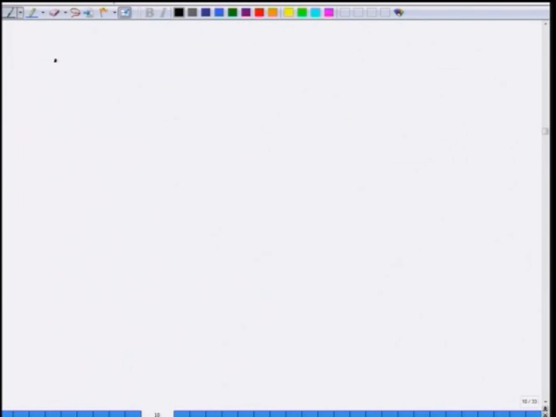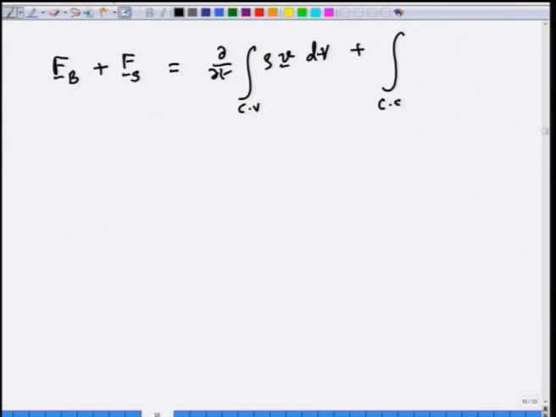F body plus F vector surface is d dt of integral over CV of rho v dV plus integral over Cs of rho v (v dot n) dA.